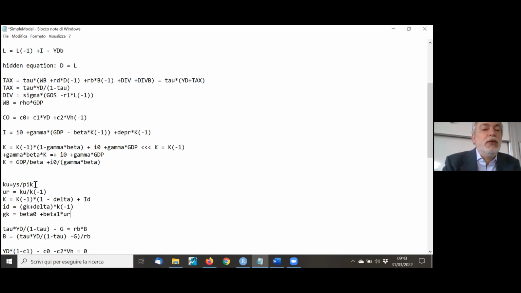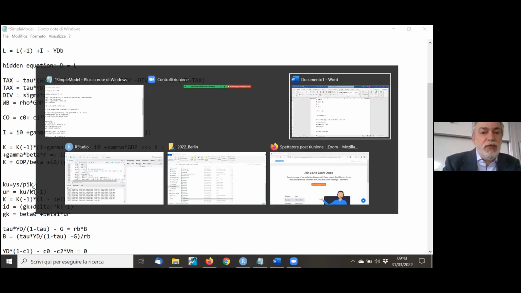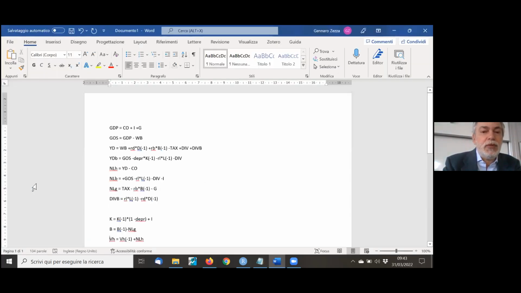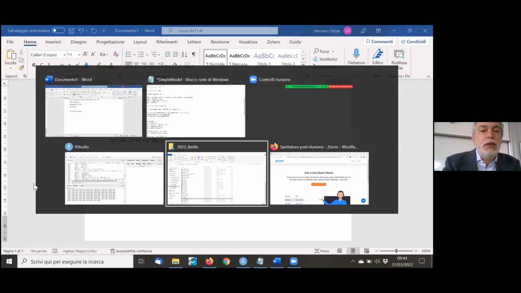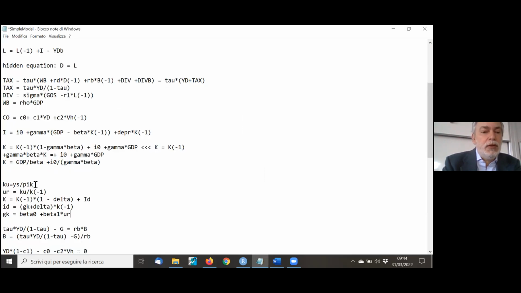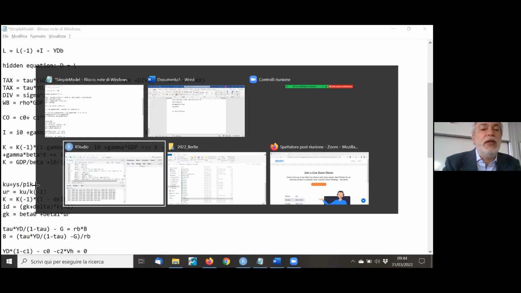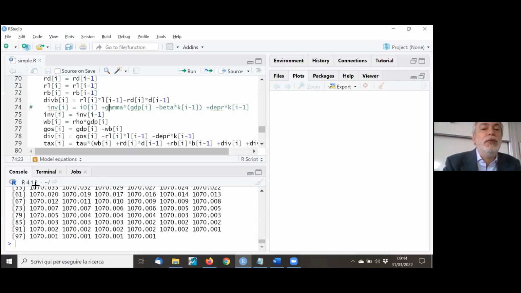So this is not so different from what we had, because what we had was a little different. Let's see what we had in the last R equation. So we had investment given by a constant plus a difference between GDP and target GDP and depreciation.